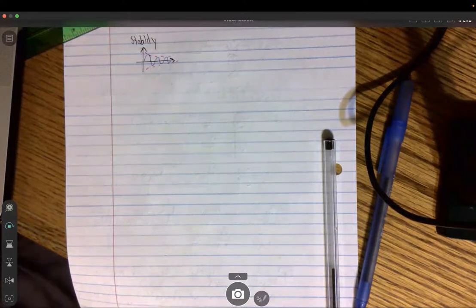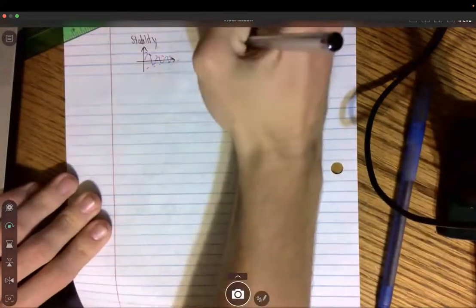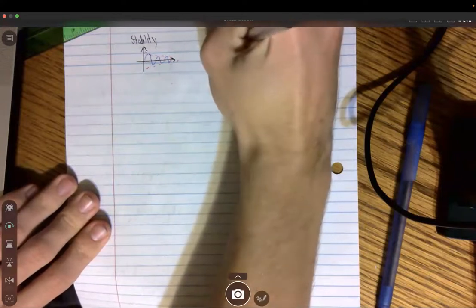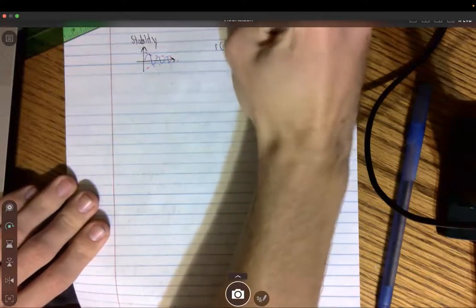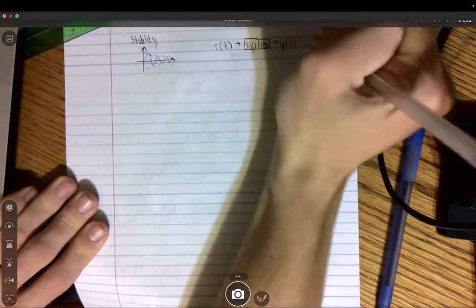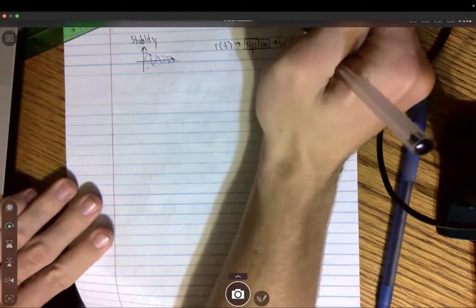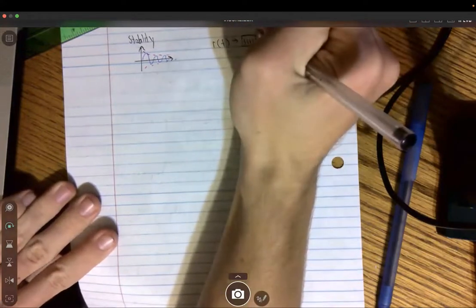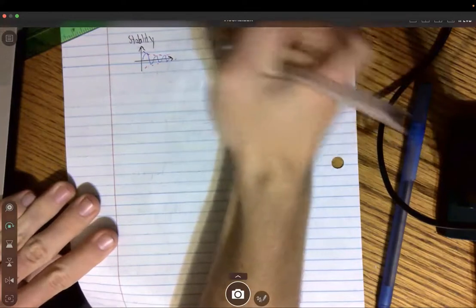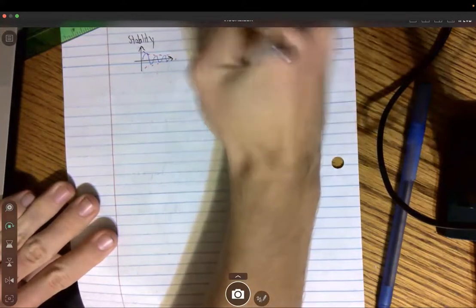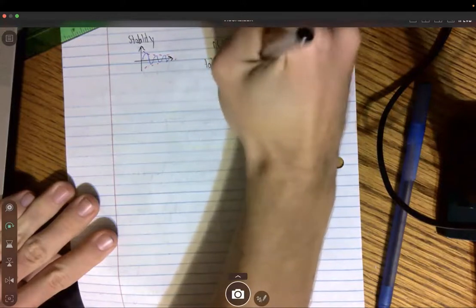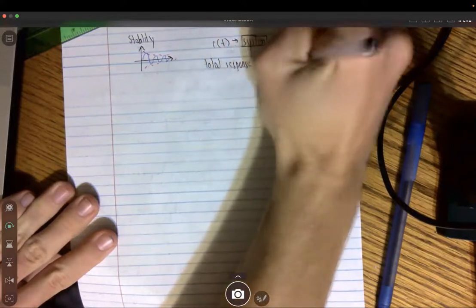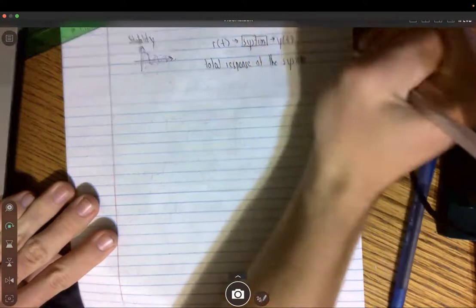And so whenever you have a system, when you have the input and then it goes through a system to produce the output y of t, stability, basically what we're looking at is the total response of the system, which is given by y of t, and is going to be composed of 2 parts.